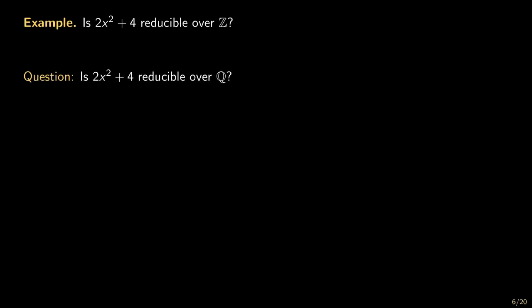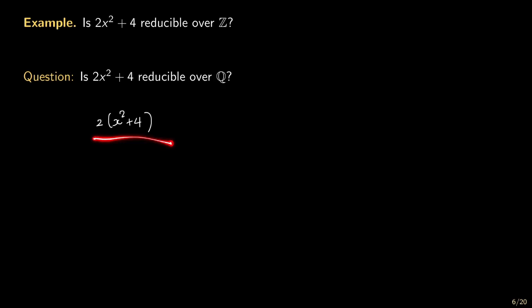How about over Q? Can we factor this over the rationals in a non-trivial way? Well, you see that the only way to factor this over Q is like 2 times x squared plus 4. But this time, because we're talking about Q, the element 2 is now a unit. 2 has a multiplicative inverse now, which is 1/2.